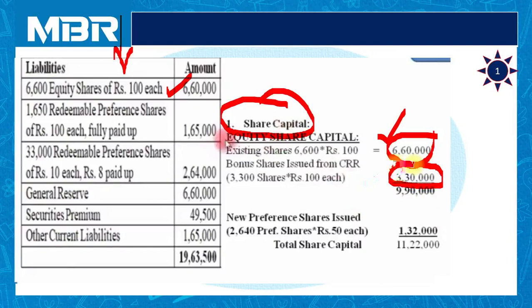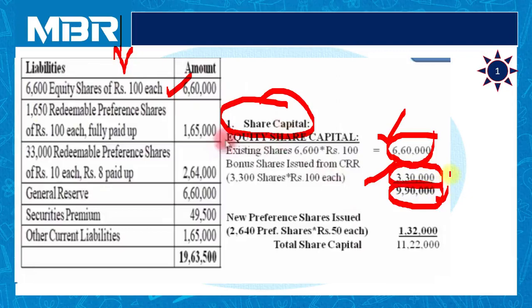Step number 6 is all about issue of bonus equity shares from CRR. On the basis of step number 6, we came to know that the company has issued equity shares of rupees 3,30,000 as a bonus. So total equity share capital of the company is rupees 9,90,000.